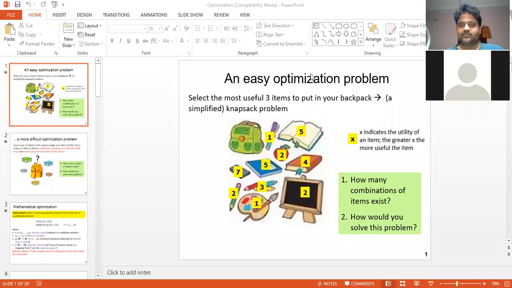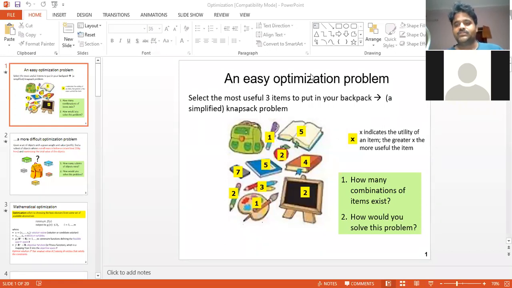As we discussed previously, what is an optimization problem? Genetic algorithm is used to solve optimization problems, whereas the remaining problems are classification, clustering, regression, and so on.